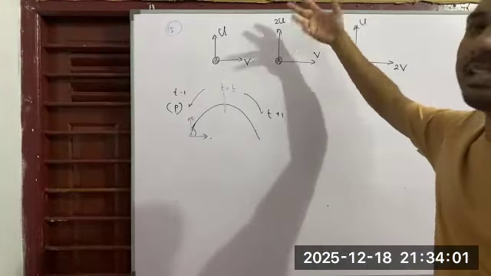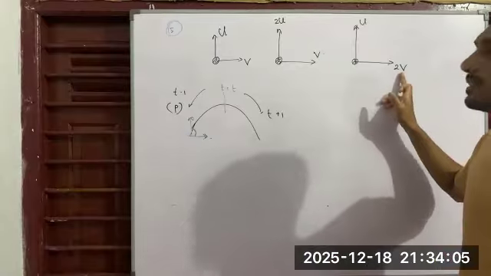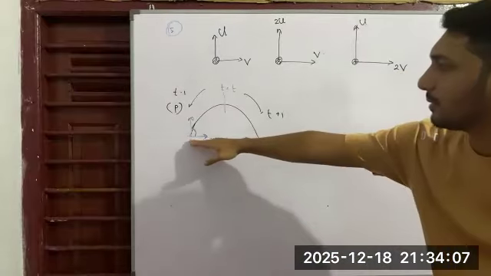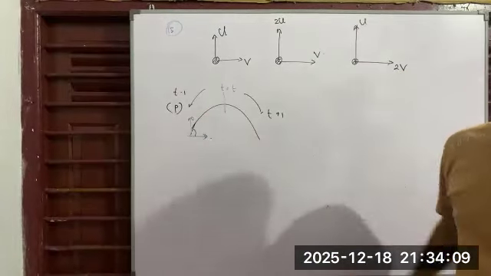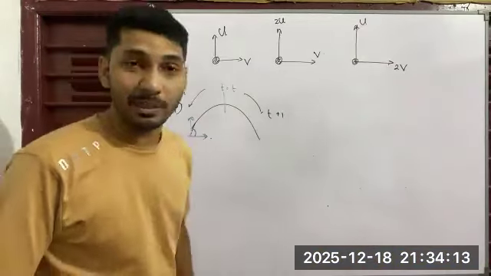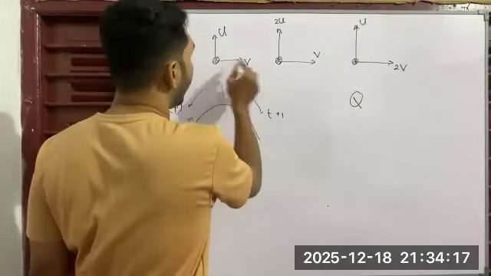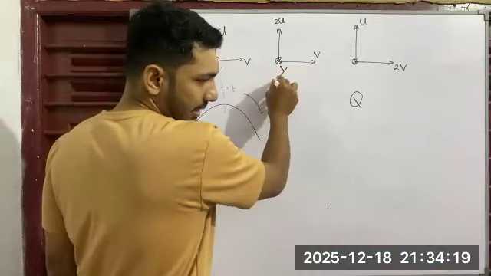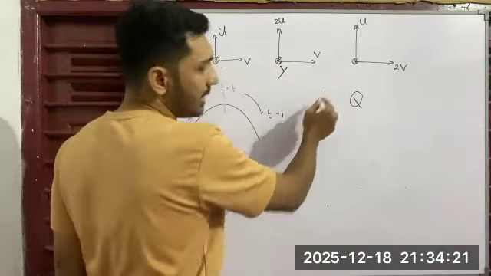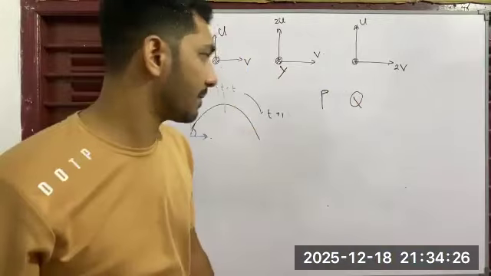Here, this is greater, so the angle will be dragged toward this side. So it will be like this in diagram Q.